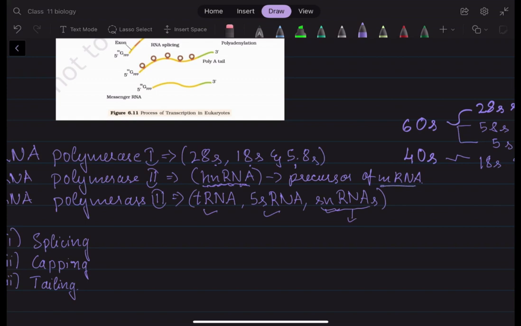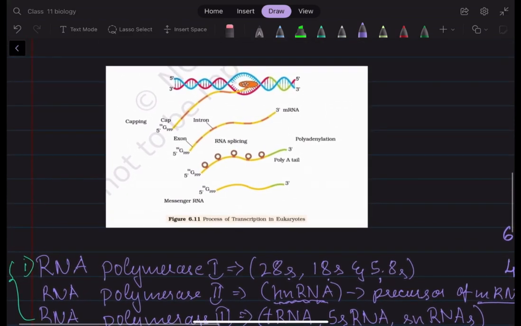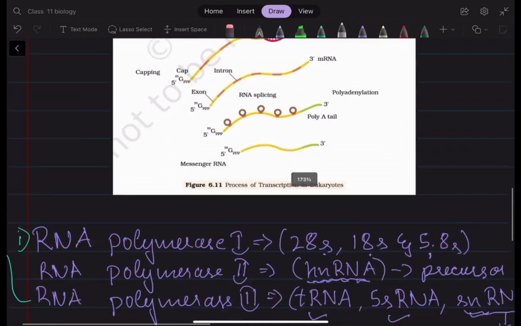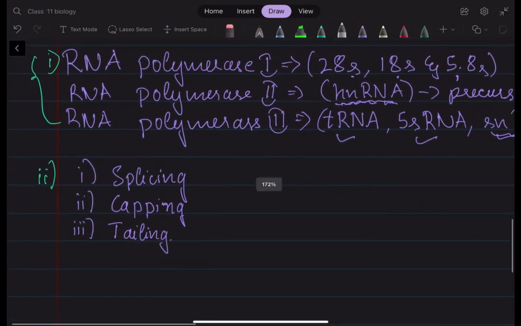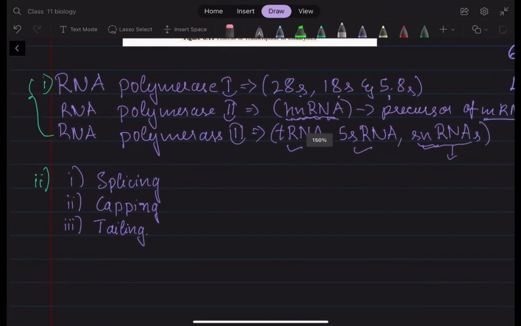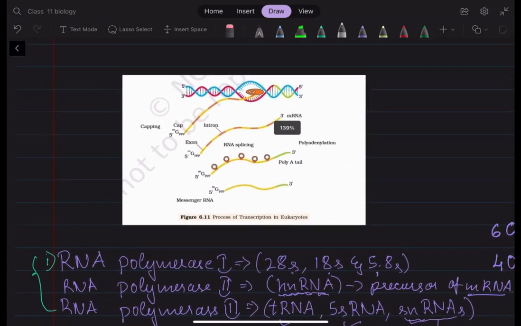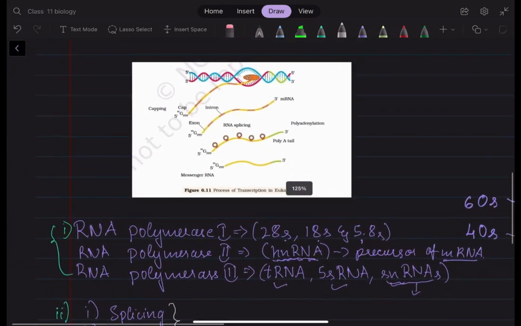Now, when RNA polymerase 2 forms the hnRNA, it needs to undergo processing before getting translated. So we have these three steps here, that is splicing, capping, and tailing.